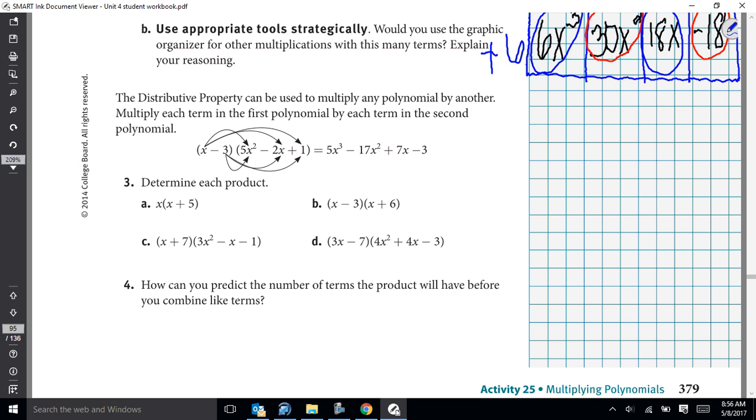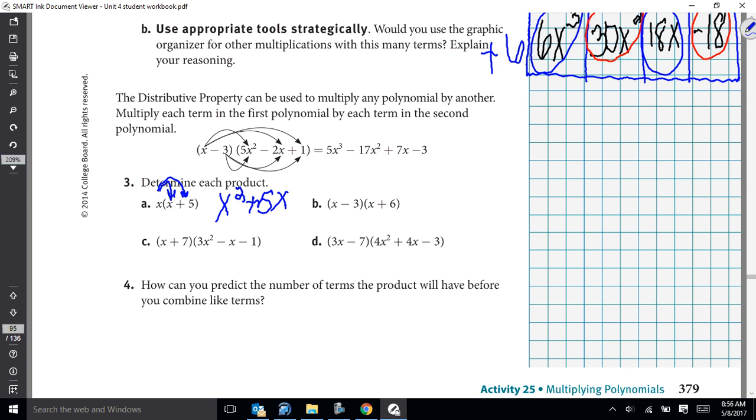No, I mean, we should be able to distribute that. So we have x times x, and then x times 5. Now, if you wanted to draw up a box for that, you can. It would be a 2 by 1 matrix. But I'm not going to discriminate against box here.